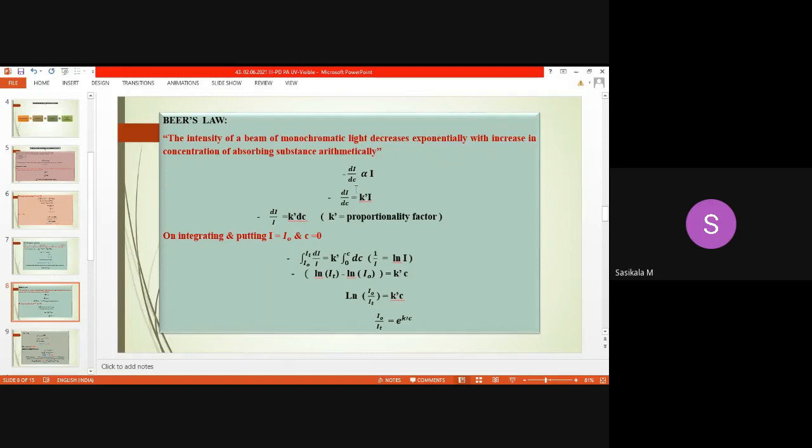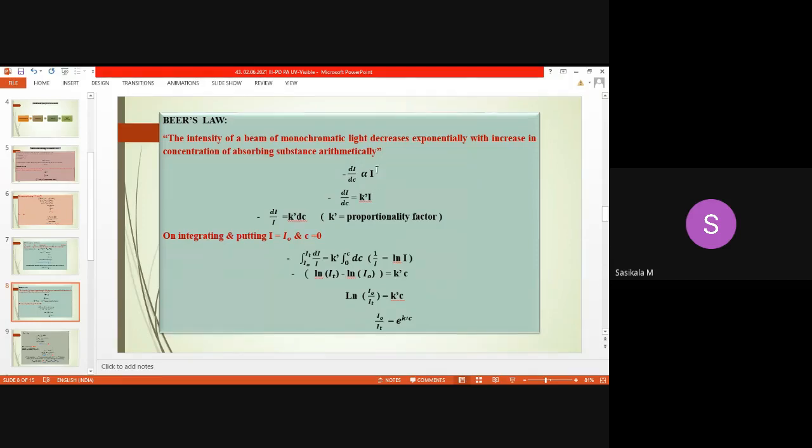So according to Beer's law, we take the differentiation of concentration and the differentiation of light. The intensity of absorbed light, dI, is directly proportional to concentration, and to the intensity of monochromatic light.